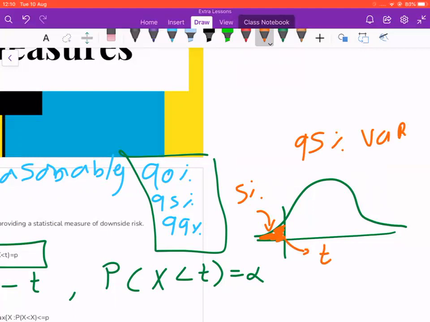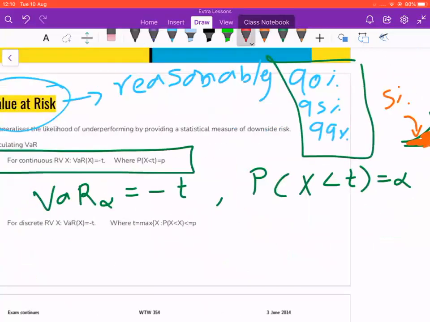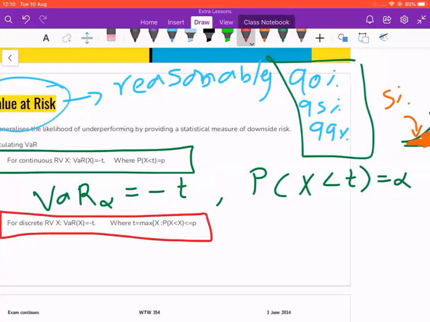We can see the same thing for a discrete distribution. For a discrete return, VaR again is going to be a negative value.